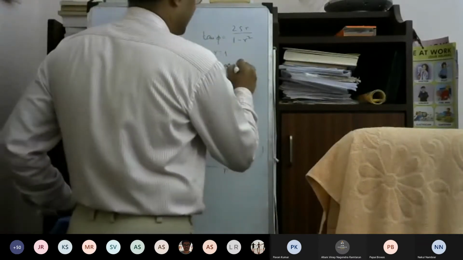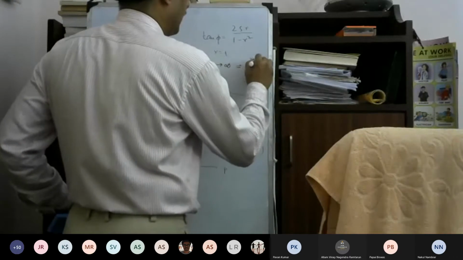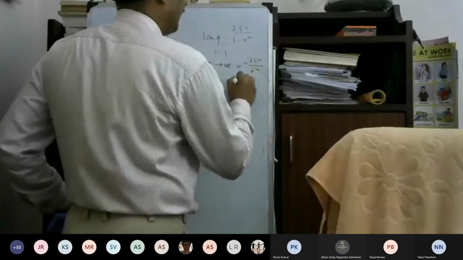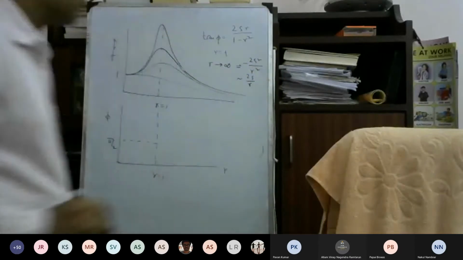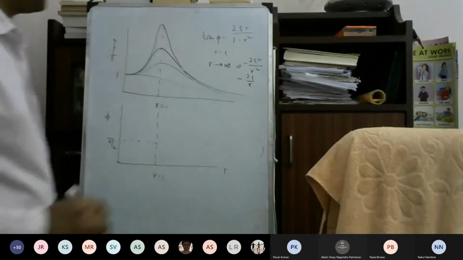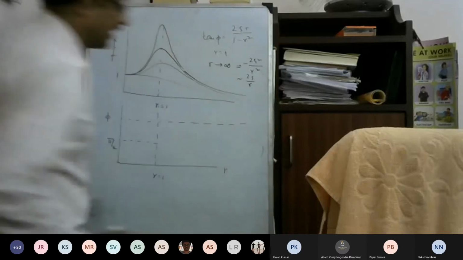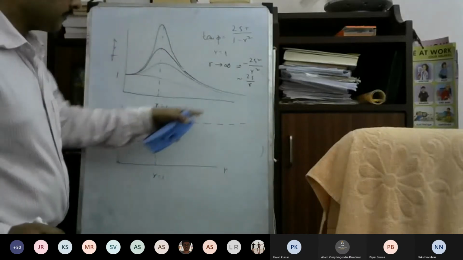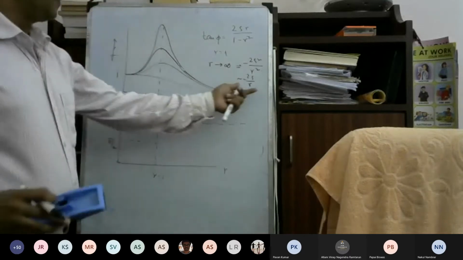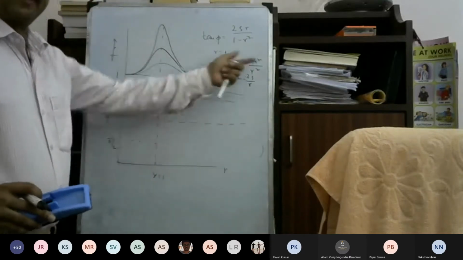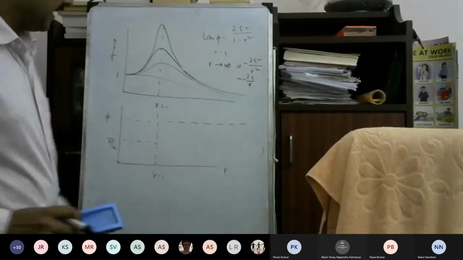This tends to 1 by R, this equals 2 zeta R divided by R square, and that becomes minus 2 zeta by R. So again, you see, as R becomes larger and larger, this becomes 0, but with a negative sign, because this term is actually negative.